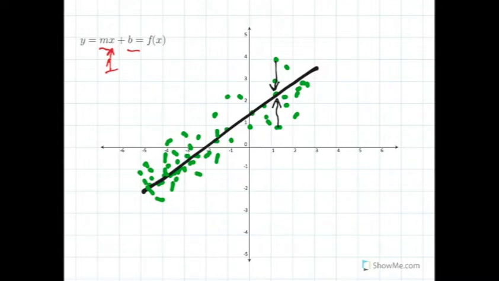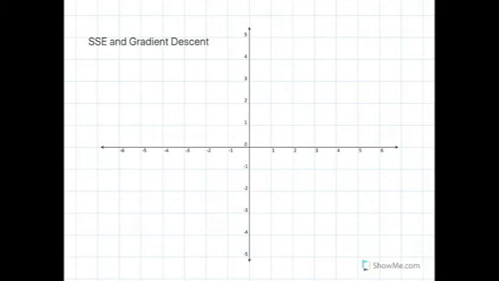Okay, so how to do this? How to find the best fit line? The idea is that we need to get to a point where we can answer the question: what is the intercept and what is the slope that best fits this set of data? So I want to go back to the concept that you learned in the last section called sum of squared errors and gradient descent.